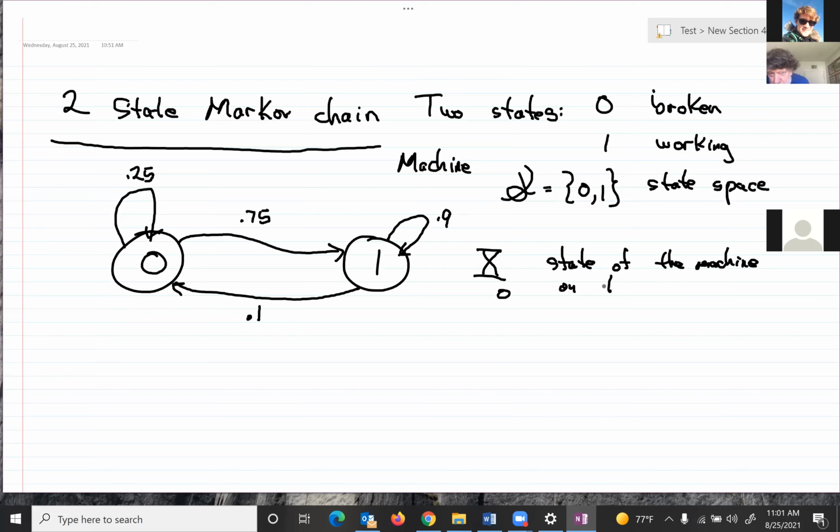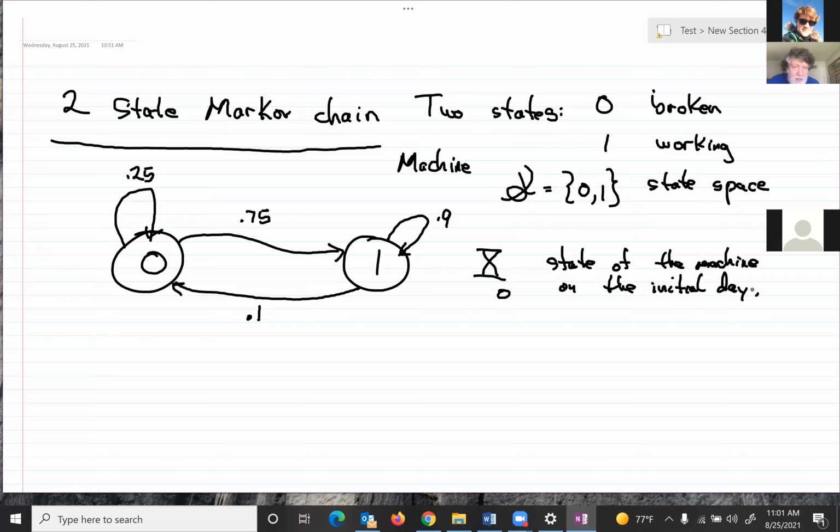If you want to think of it this way, you got the machine delivered, you take it out of the box, you plug it in, and it either works or it doesn't. And that would be the initial state or the initial day of the machine.